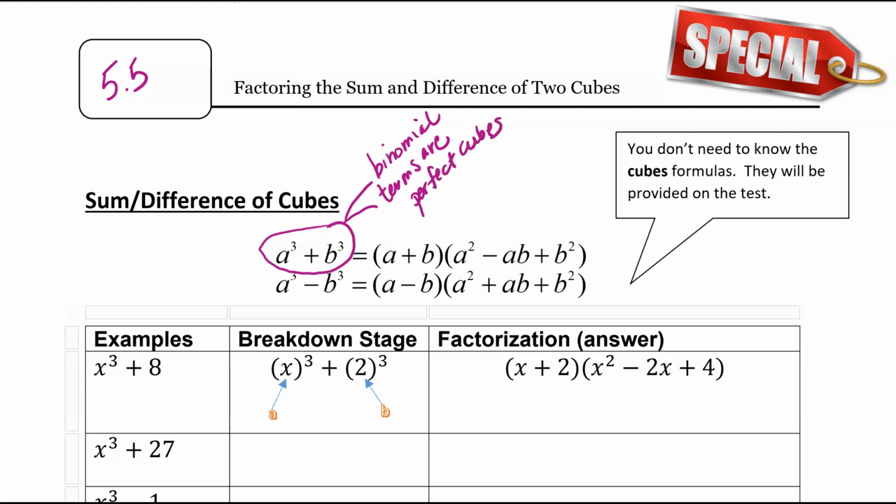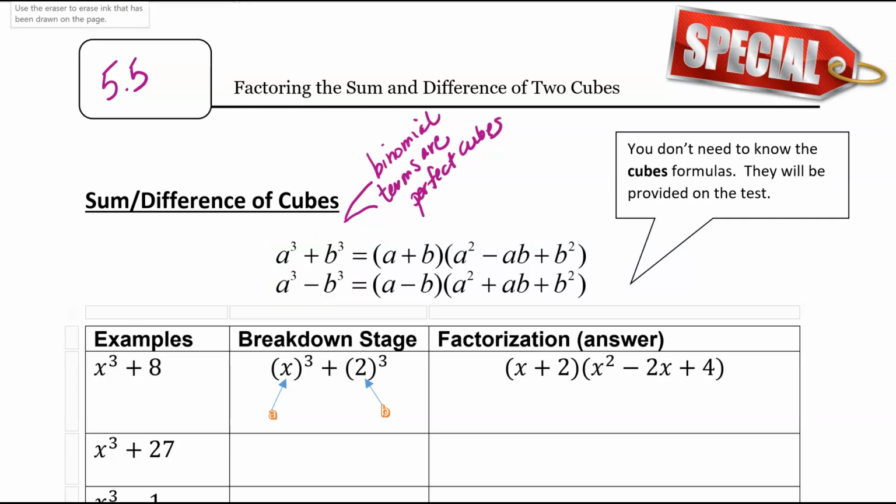Similarly, a difference of cubes looks like this. It's a binomial and its terms are perfect cubes. If your polynomial meets these conditions, then you can factor this type of polynomial. They are called the sum or difference of cubes.